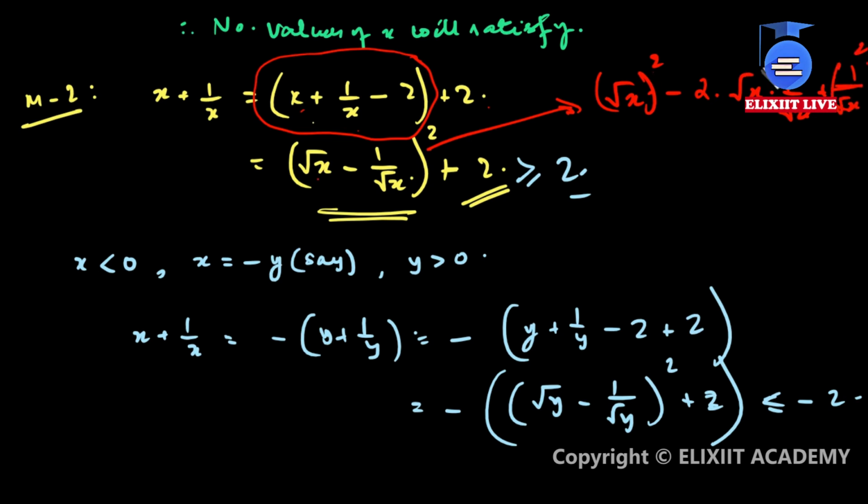So root x and root x will cancel out. Ultimately, we are left with x plus 1 by x minus 2, isn't it? Clear up to this? What we are doing?